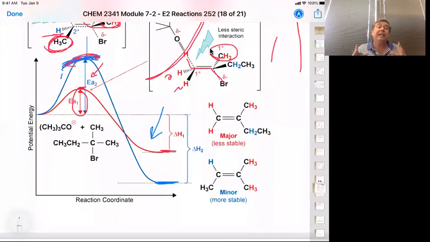If we want to go with that E2 reaction, we're using a stronger base, but still in a protic solvent. Once we have our E2 mechanism, we want to think, do we want the more thermodynamically stable or the more kinetic product? That gives us our base choice. For the more thermodynamically stable, we use a small base. For a kinetic product, we use the large bulky base.